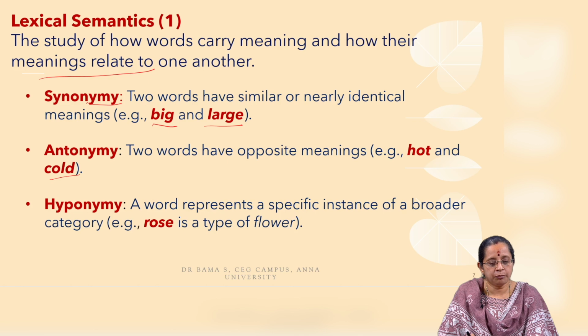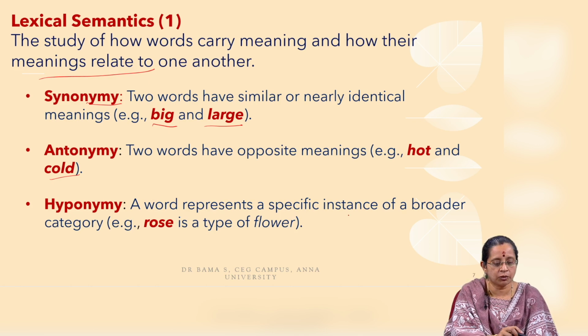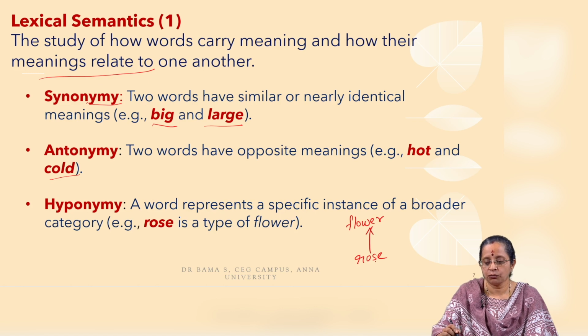The third one is hyponymy, where the word represents a specific instance of a broad category. For example, if you have a flower and rose, rose is a type of flower. So at the broader end we call this the hypernym, and at this level is the hyponym.